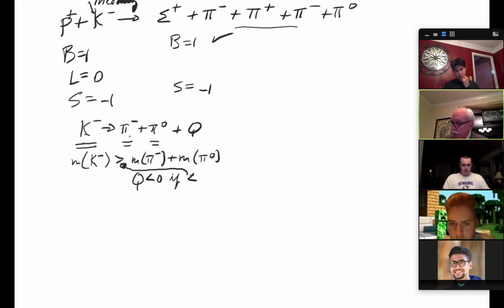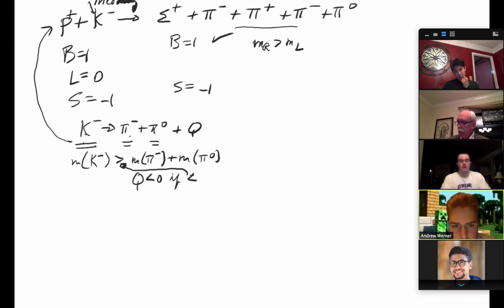But up here in this case, even though the mass of the right side is bigger than the mass of the left side, isn't that true? Yes, that is true.